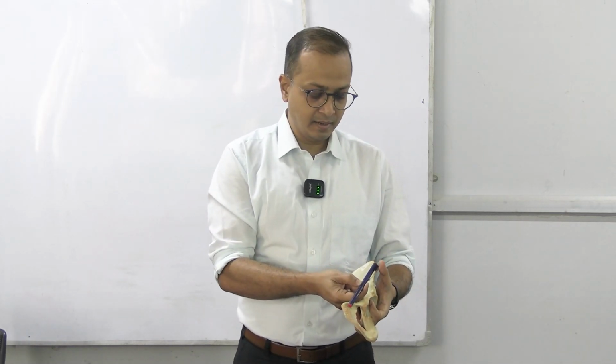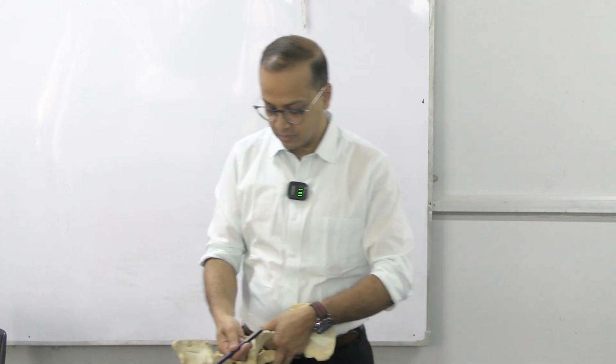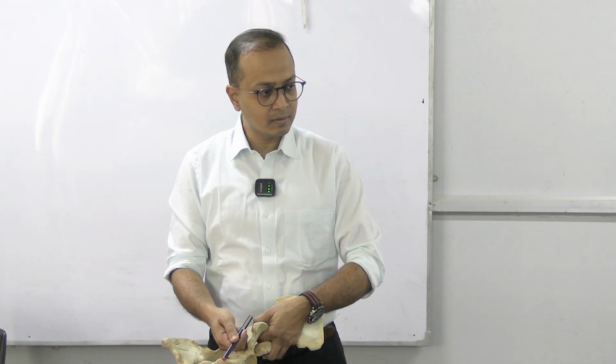So, this inguinal ligament is running like this, ASIS to pubic tubercle. The inguinal ligament has two ends, one is the lateral end, one is the medial end. This pubic tubercle is the medial end, this one is the lateral end.